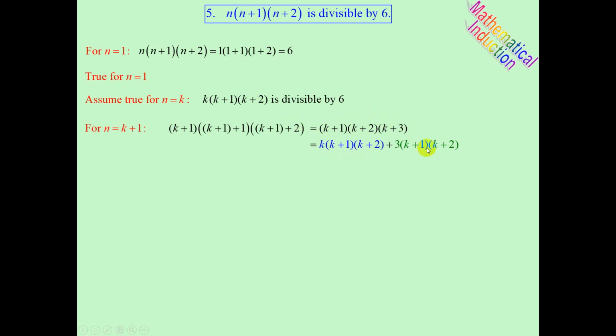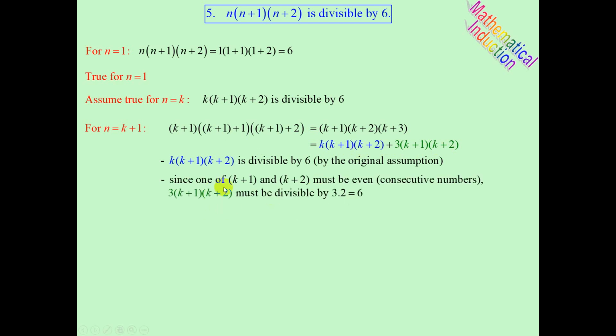So we're left with the green, and we have to reason that the green is divisible by 6. Well, it's already divisible by 3, the green is. So we need to show that it's divisible by 2. Well, if you have a look, these are consecutive numbers. And if you have consecutive numbers, one of them must be an even number. Right, so we established that that term is divisible by 6.